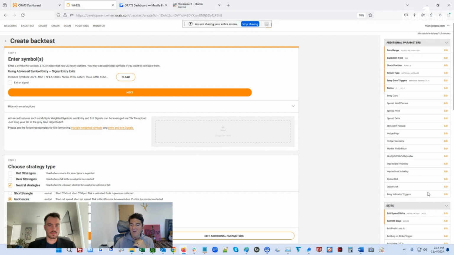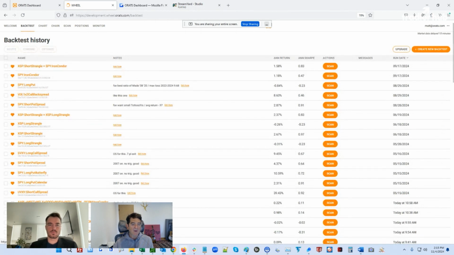You could do a lot of things in the triggers here that we'll talk about in just a second. But this is just a good basic back test to see, just in general, if you would have just blindly traded reverse iron condors on these symbols, how it would have done.